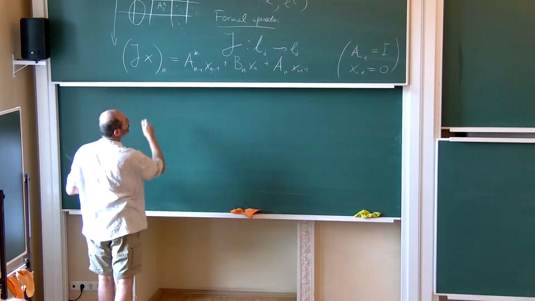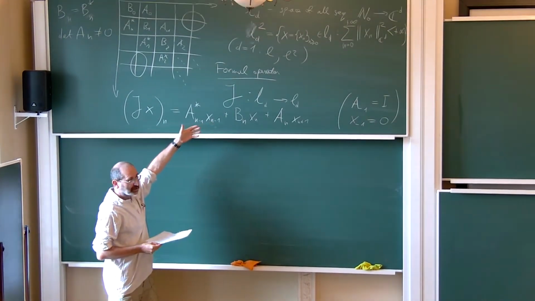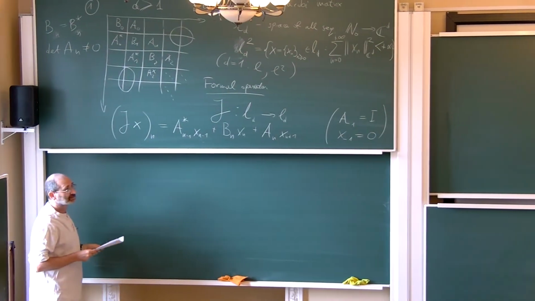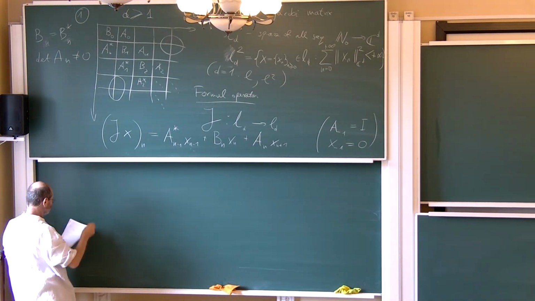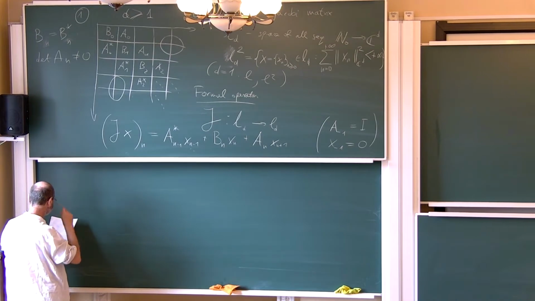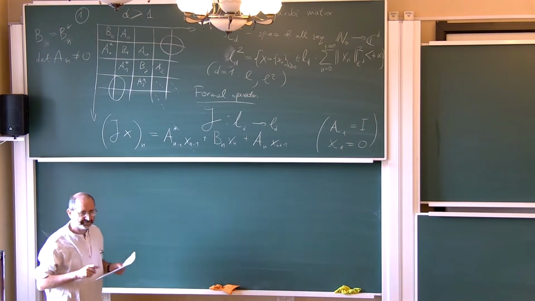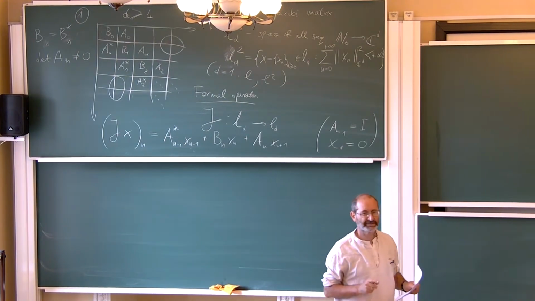Okay. So this is the definition of the formal operator. It's not an important object, but it's convenient to use it to define something that is important for us: the Jacobi operator. Our Jacobi operator will be the maximal one.